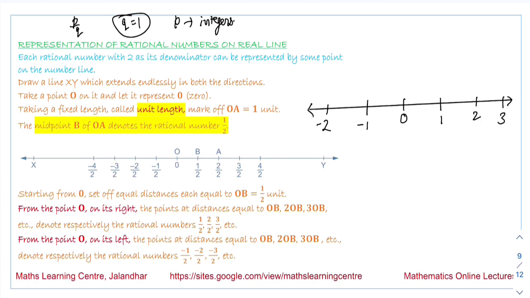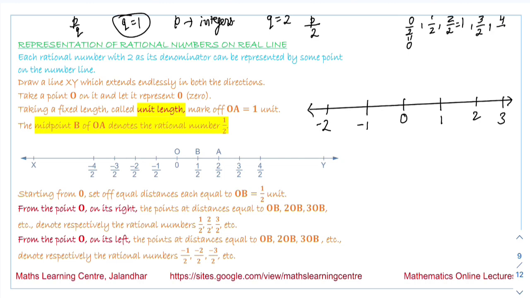Now next, suppose we are taking the value of q is equal to 2. So we are talking about the numbers of the form p by 2. So what numbers are we talking about? We put the values over here. First number we get is 0 by 2, that is equal to 0. Next number we get is 1 by 2. Next we get 2 by 2, that is equal to 1. Next we get 3 by 2.